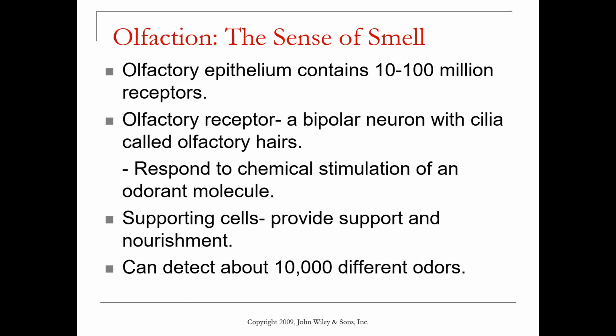And in this case, the bipolar neuron has cilia attached on the surface of the neuron, and the neuron is embedded in a layer of mucus. And the cilia that are attached to the neuron are going to function much like the pseudostratified ciliated columnar epithelial cells do in the trachea, and that moves the mucus around so we can swallow it.